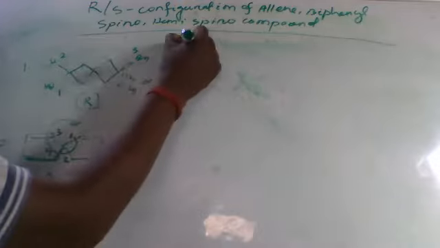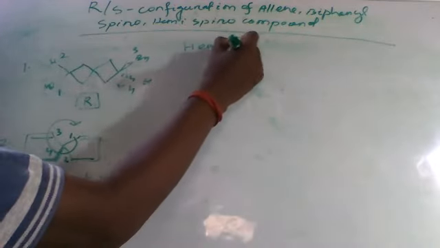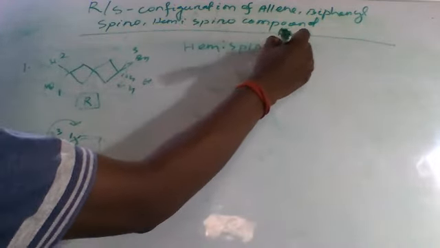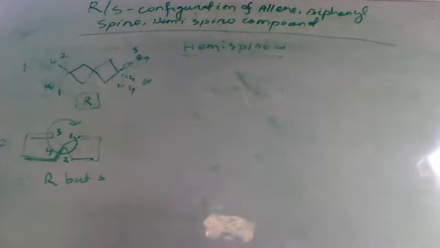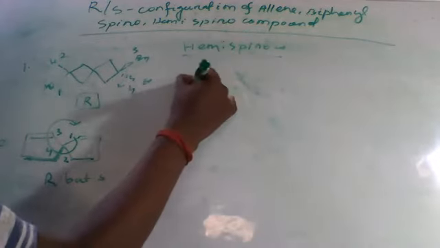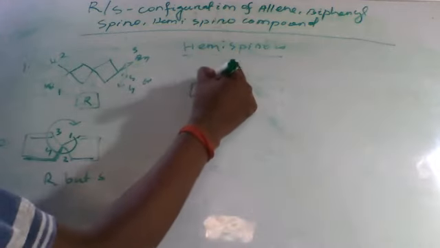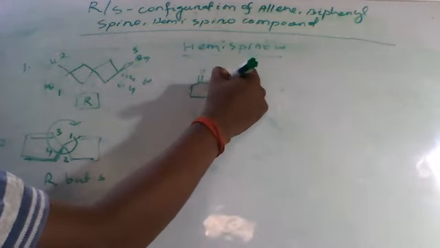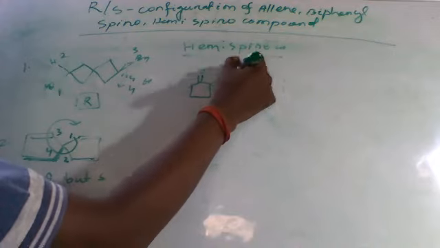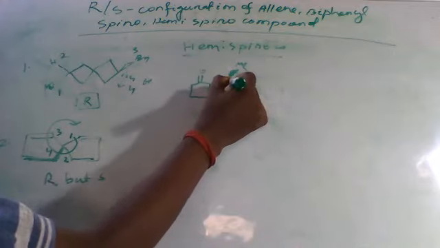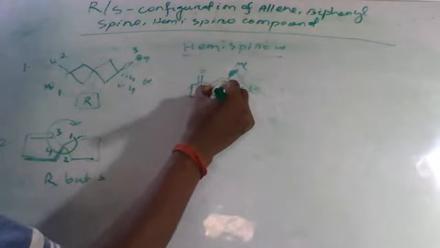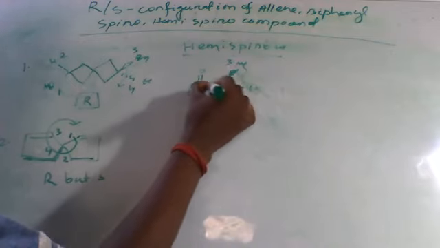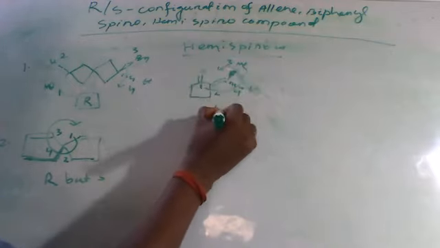Then we'll see some hemispiro compounds. This is methyl, and this is hydrogen, and this will get first priority, second priority, third priority, fourth priority. This is S configuration.